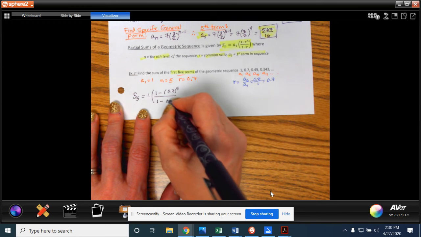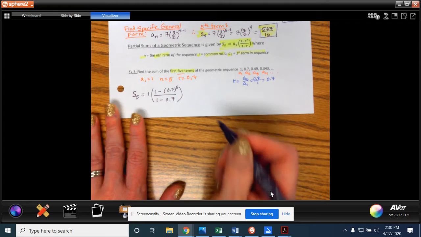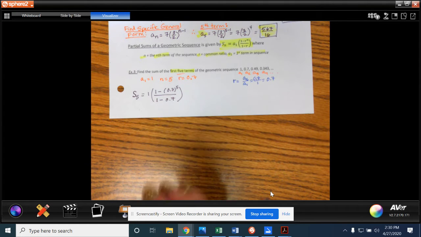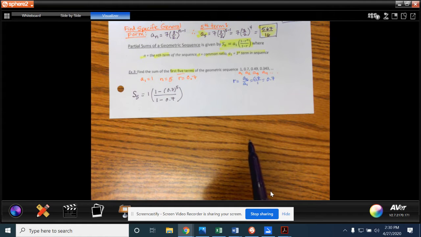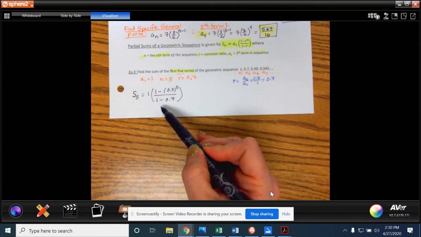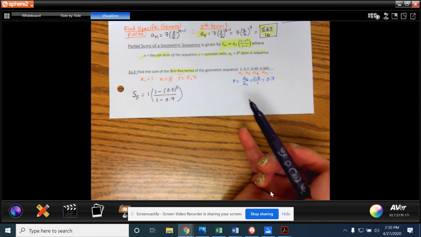So that's 0.7. Now, most students can get to this point, but this is when we have issues. So how you plug it into your calculator is important. If you want to do it in steps, take this to the 5th and then subtract it from 1 and have the number, and then this one have the number, you can do that.